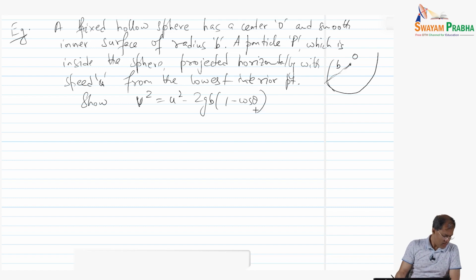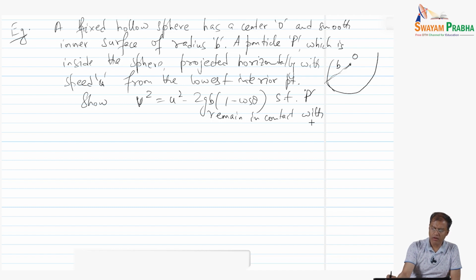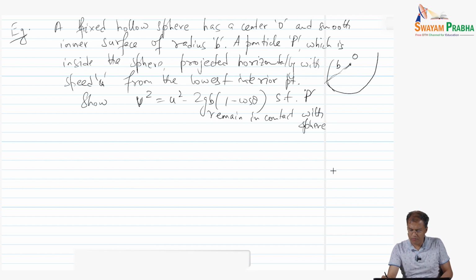such that the particle P remains in contact with the sphere. So what we have here is a sphere, and let me try to draw this diagram a bit more carefully.